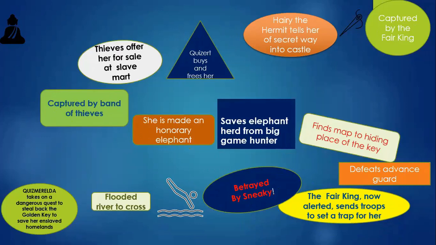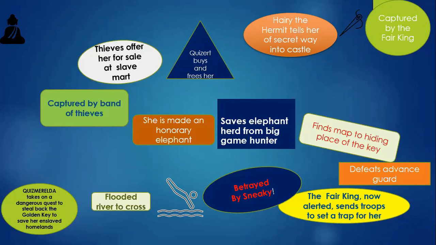And shortly thereafter is betrayed by Count Sneaky. And we now know that the fair king has been alerted by Sneaky, so he sends out troops to set a trap for her. Now, both of those events may be unknown to Quizmerelda, which makes it extremely tense and exciting for the reader. And when the guards are met up with, of course, our heroine defeats them.